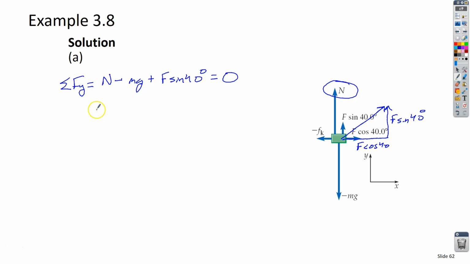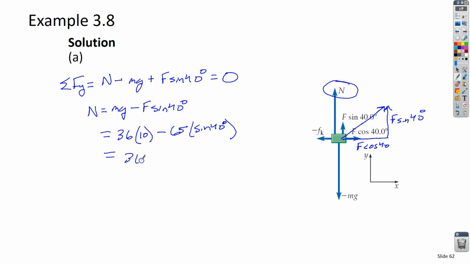0. At this point, we're going to say we know that the normal force should be equal to mg minus F times the sine of 40 degrees. So here we've got the force times the sine of 40. Here we've got mg. Our mass is 36 kilograms, and we want to multiply that times gravity, which is 10, minus the force she pulls with, which we said is 65 newtons, and we're going to multiply that times the sine of 40 degrees.